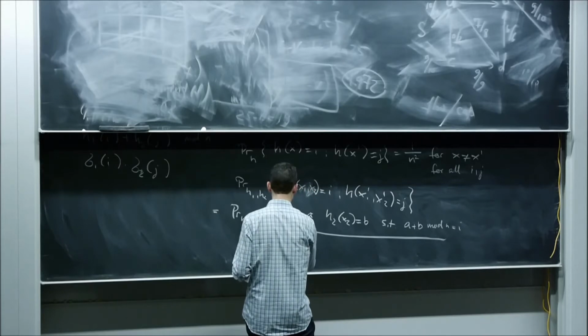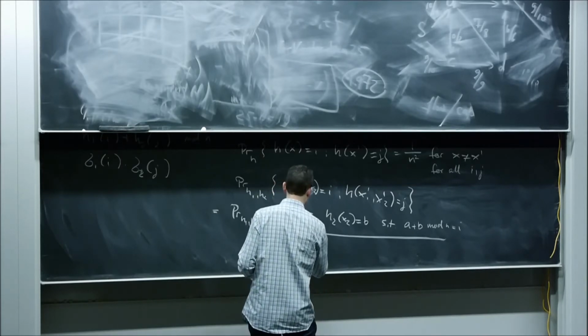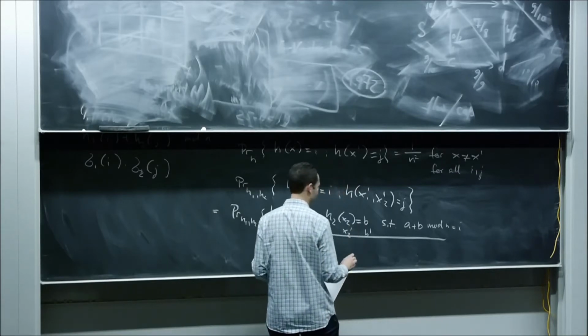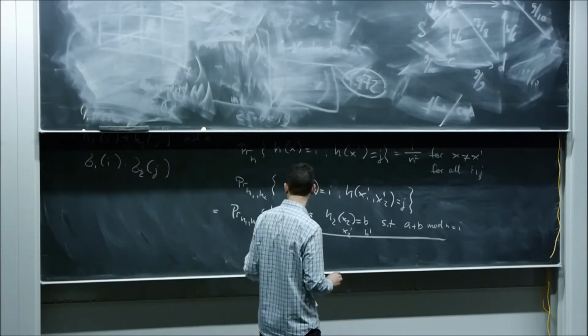So basically x1 prime, a prime, b prime, x2 prime. Okay, good.